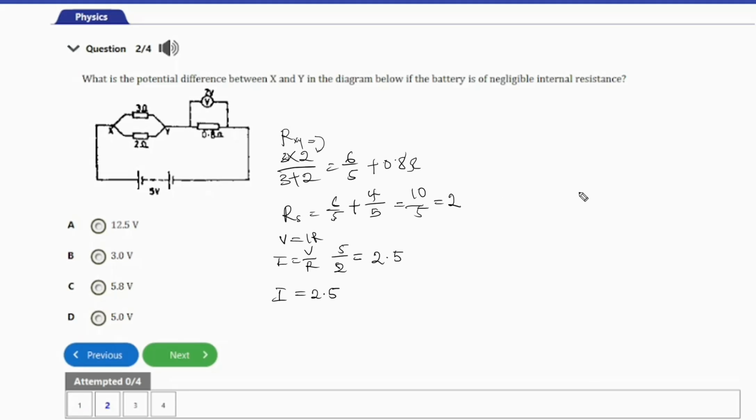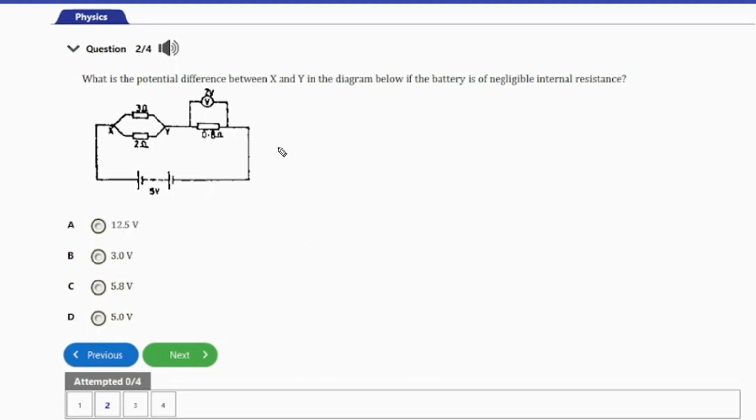So now that we've gotten the current across the system here, we can now simply go ahead and look for the potential difference across X and Y. So V here across X and Y will be I, which is the current, times the resistance R across X and Y. So we initially calculated the resistance across X and Y to be 6 over 5, and we actually got the current in this system to be 5 over 2.